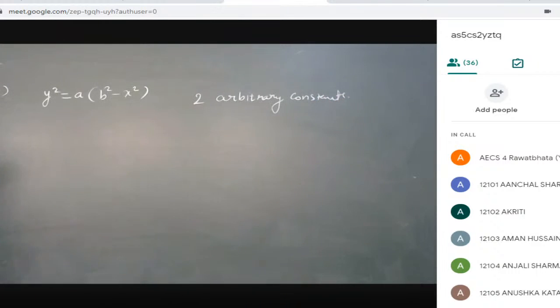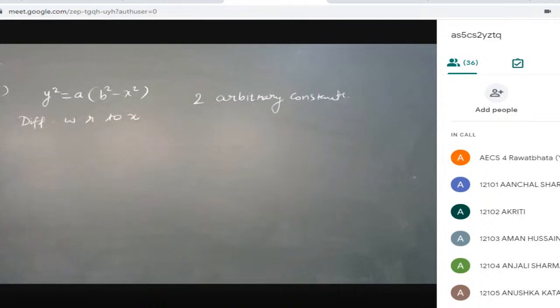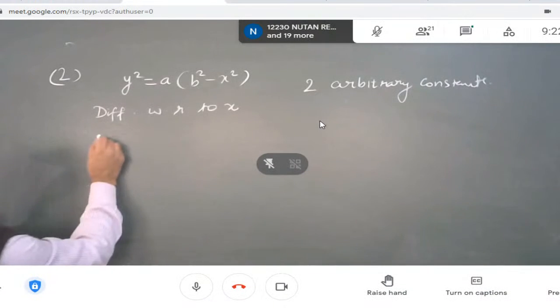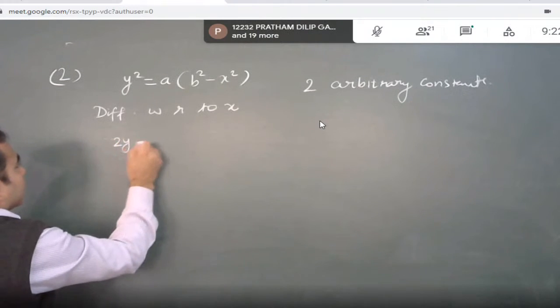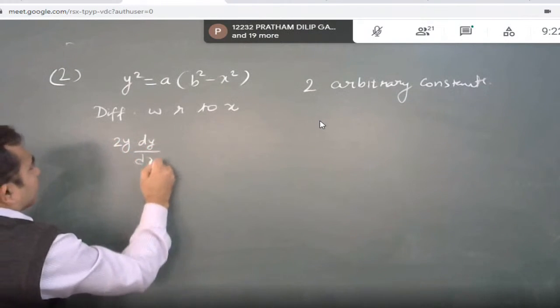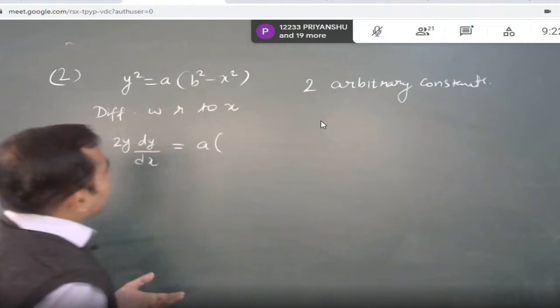Let's begin directly, right? Differentiate. Differentiating with respect to x. So if I differentiate, I will get y square differentiation with respect to x, it will be 2y into dy upon dx equals, a is constant as it is, inside the bracket I will differentiate.